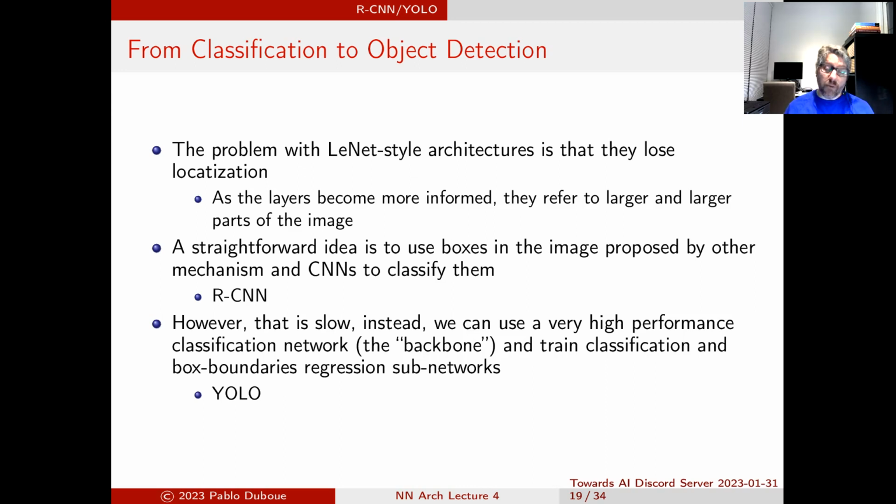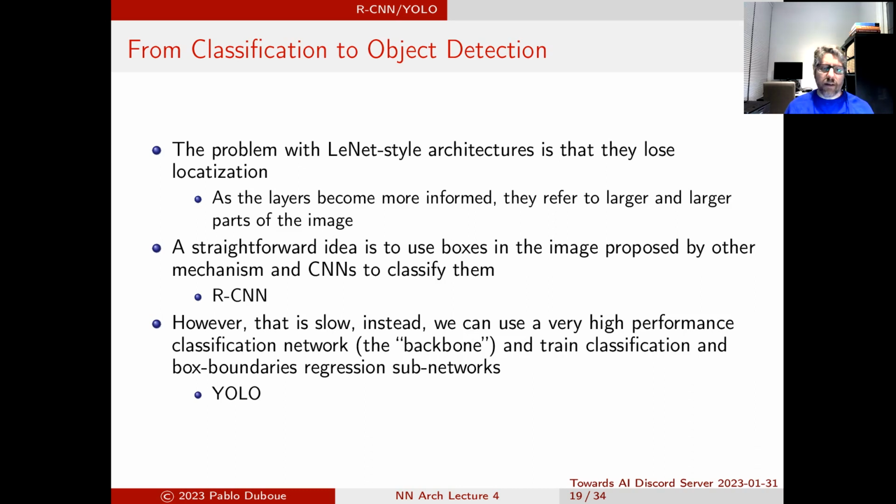So now we're going to move from classification to object detection, that is, to find objects with bounding boxes. Now, those types of architectures lose information about localization.